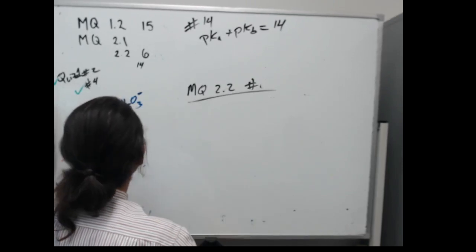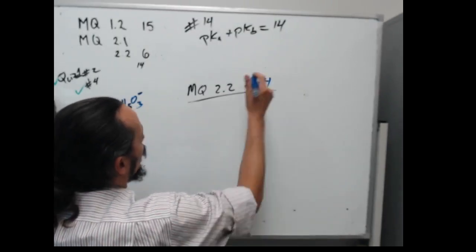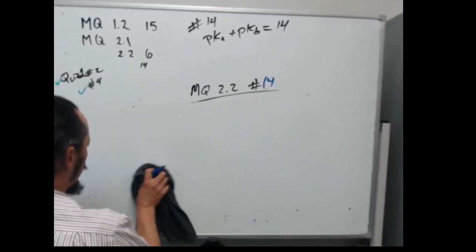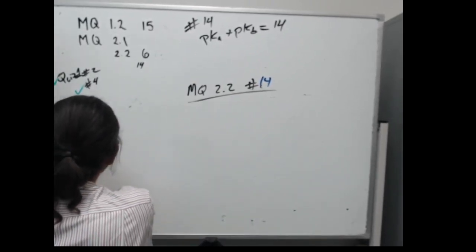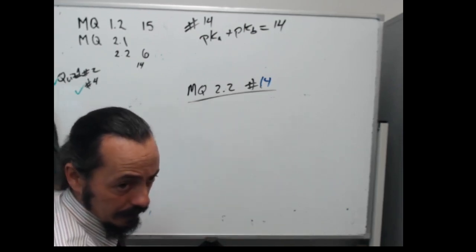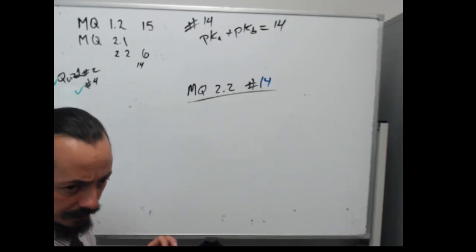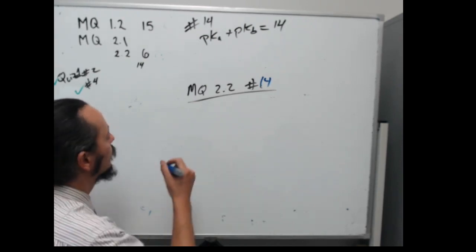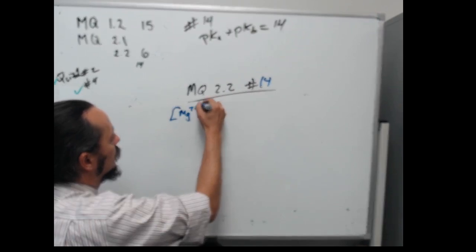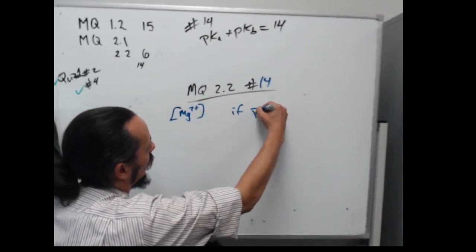Now let's pause a little bit. Looking at number 14. What is number 14? It's a molar solubility question. We hadn't been doing ice tables, but this one we are. It says, what is the concentration of magnesium ions in a solution that already has a pH of 12.77?